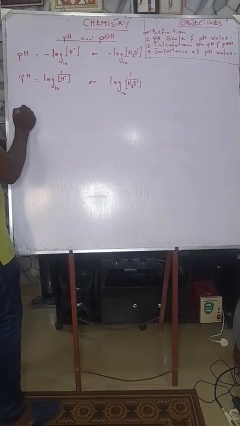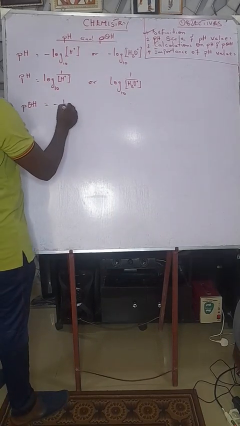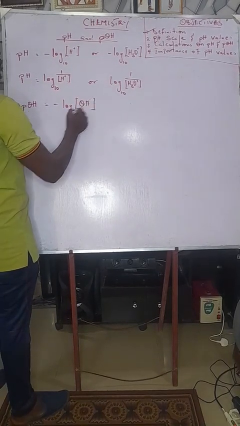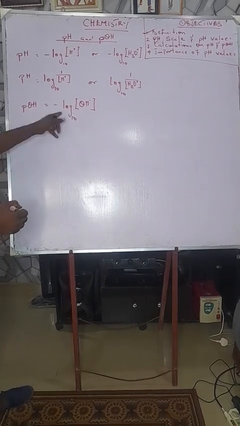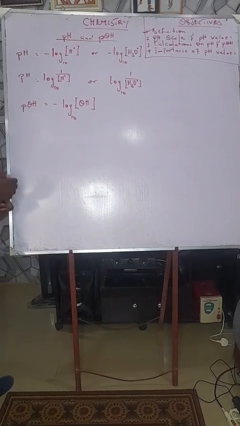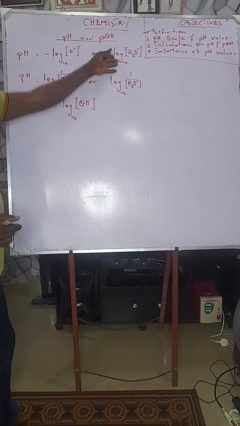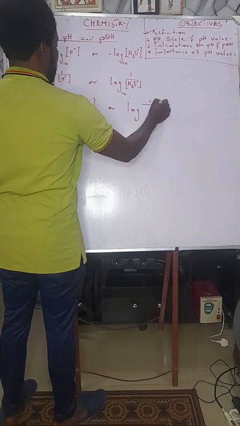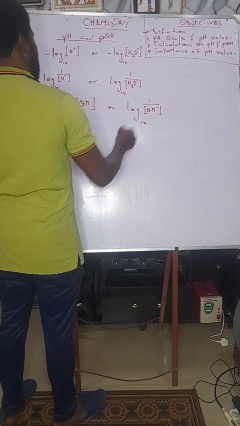So my pOH now is equal to negative logarithm, the same formula, of hydroxide ion concentration, base 10. Now this one is just only this. Negative logarithm of hydroxide ion concentration, base 10. And of course, you can also work on it the way I worked on this one by saying it is log 1 over concentration of OH minus, base 10.